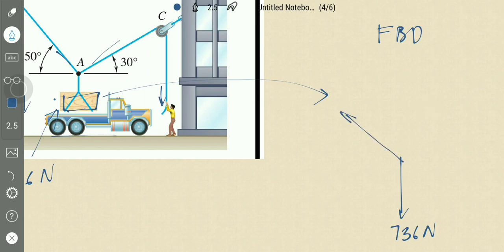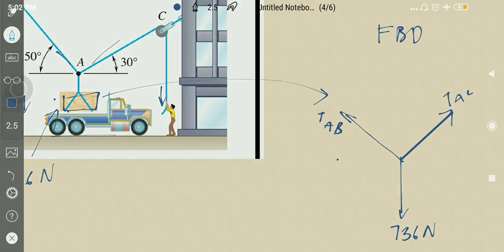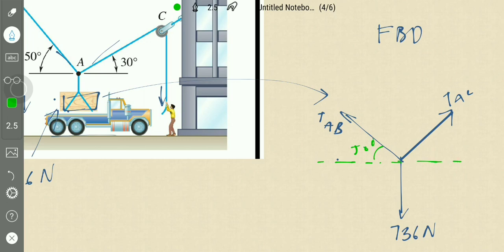Tension TAB, and this is TAC. This is 50 degrees, this is 30 degrees, this is 50 and this is 30 degrees.